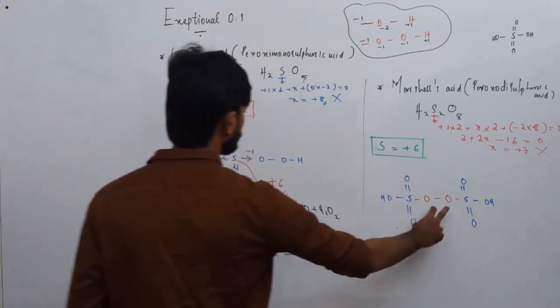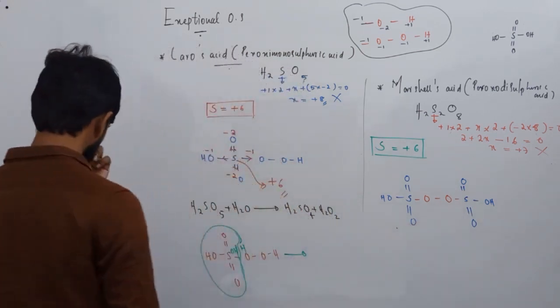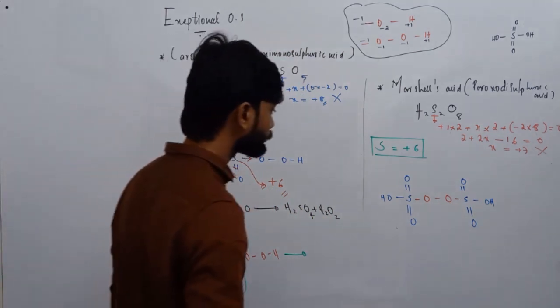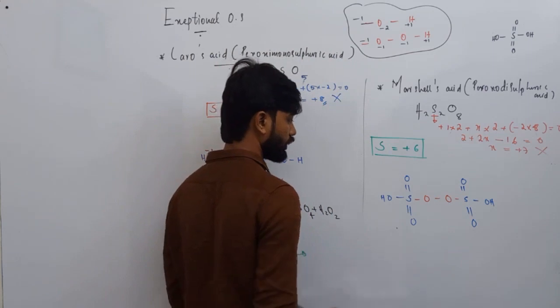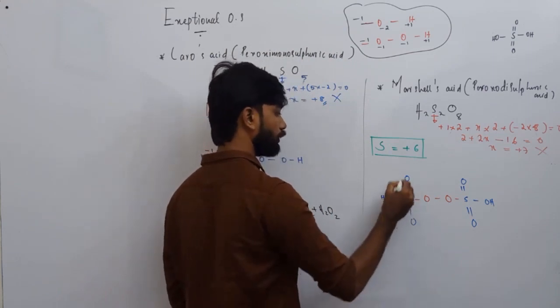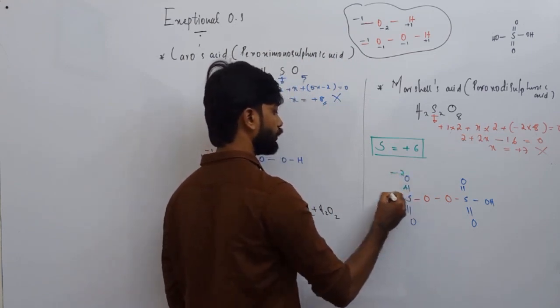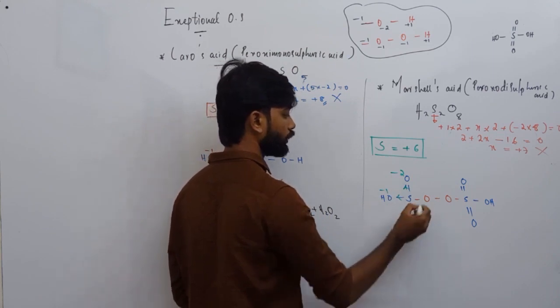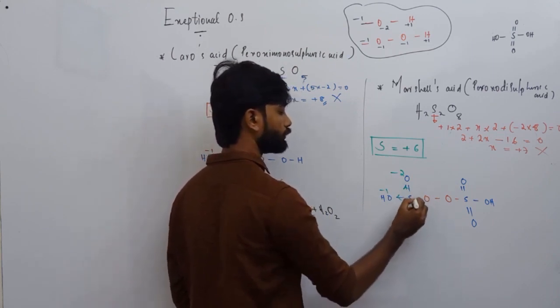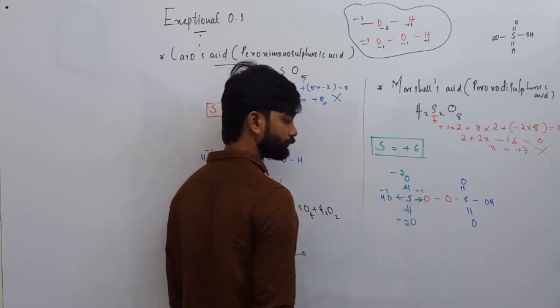So this is peroxodisulfuric acid. Ready? What about the oxidation states? Bond to here -2, to here -1, to here -2, to the -1.